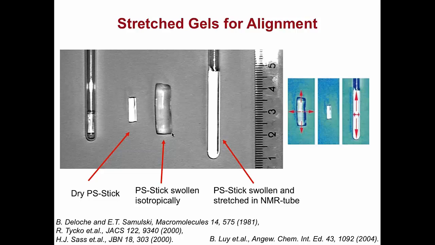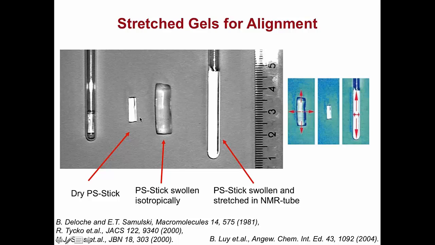We'll make a little bit of history here. I already mentioned that, in fact, this idea was proposed by Burkhard Luy, published in this article in Angewandte Chemie in 2004. So this is the first method to stretch gels.